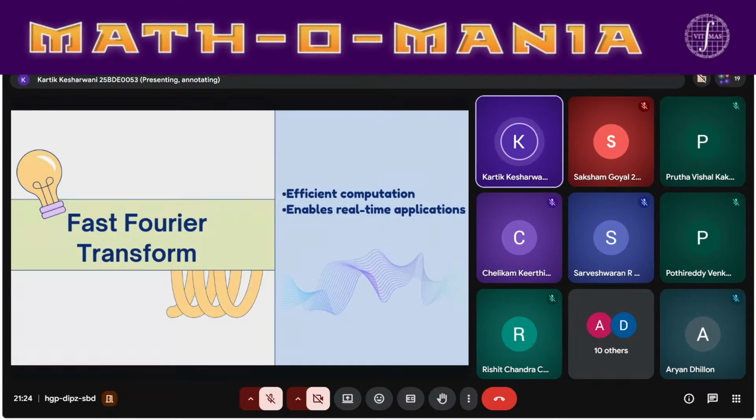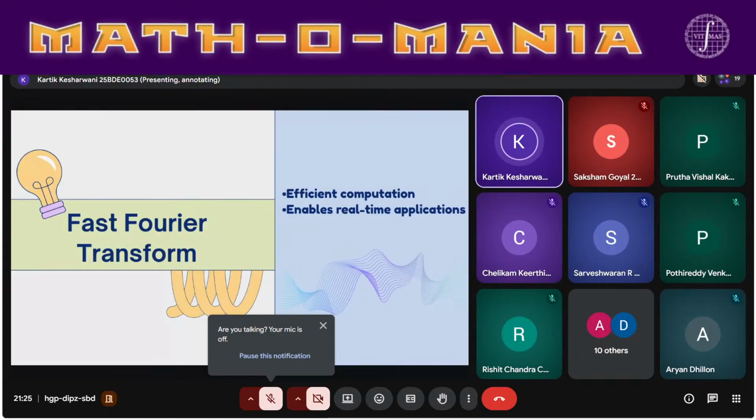Now, up to this point, all the methods that we discussed assume that the signal does not change over time. But in reality, most signals are not constant. For example, suppose I am speaking, the frequency content of the speech changes continuously. Different words and sounds have different frequency patterns.